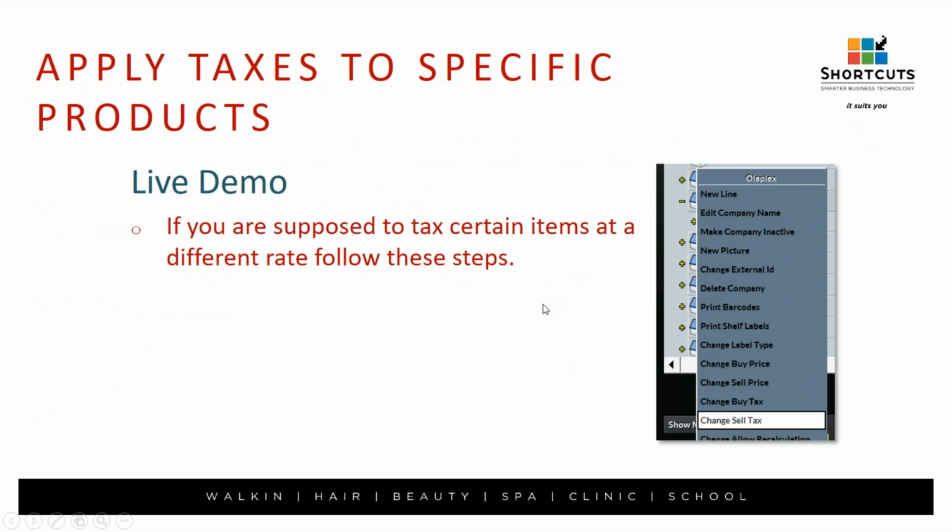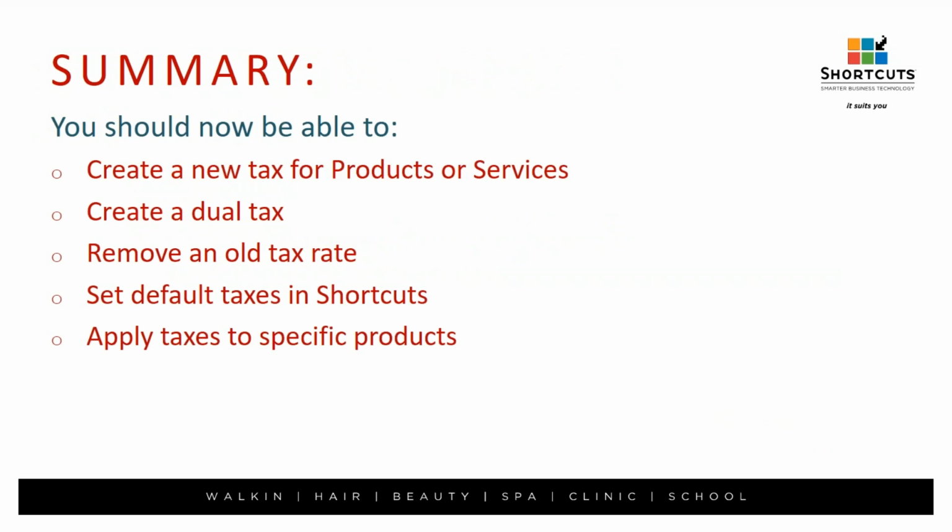This is actually the last portion on setting up taxes in Shortcuts. So now you should know how to create a tax either for a retail product or a service, and how to create a dual tax in case you need to have a breakdown of the unique tax rates in your city, your town, or your province.